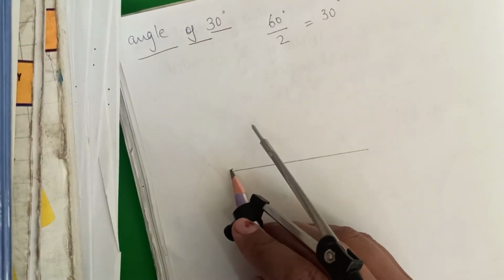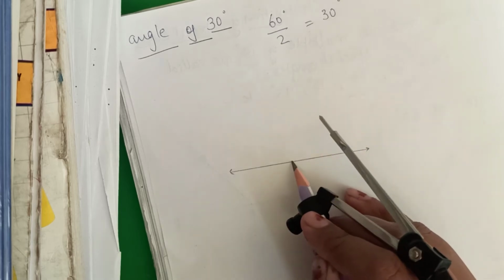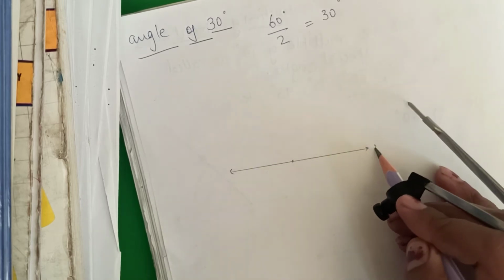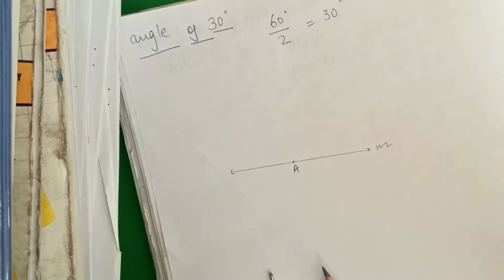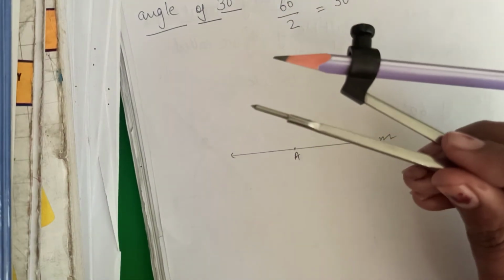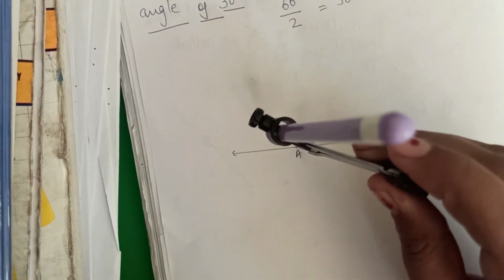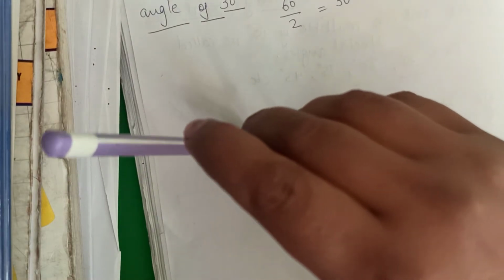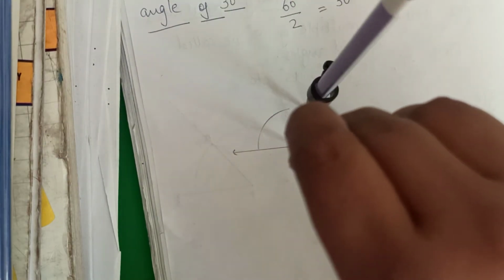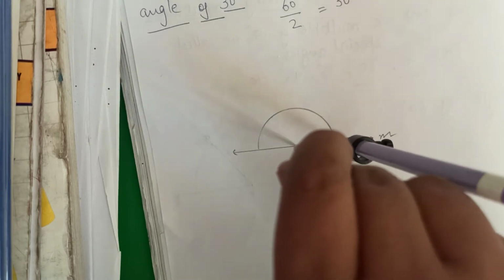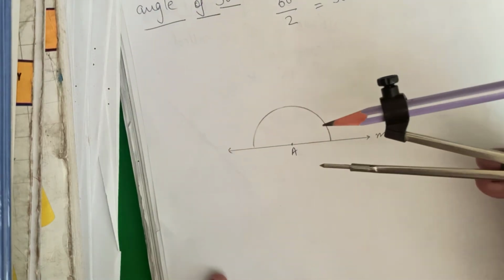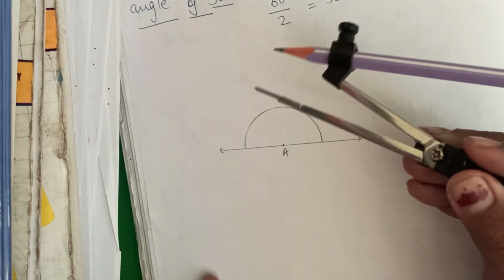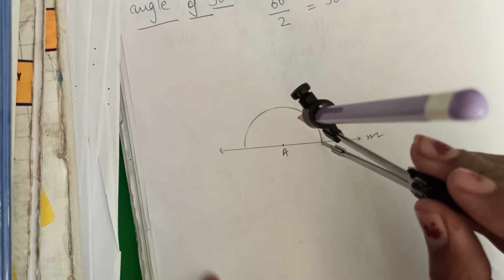So same procedure, draw a line M, mark a point A, then same with the center A, open the compass, draw a semicircle with any radius, right? Clear? Now with the same radius mark an arc.